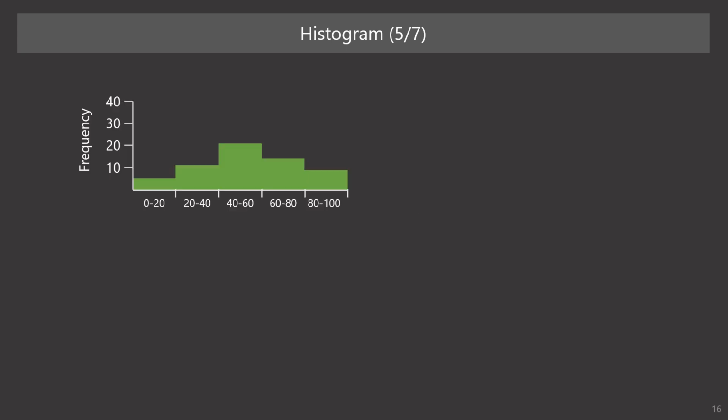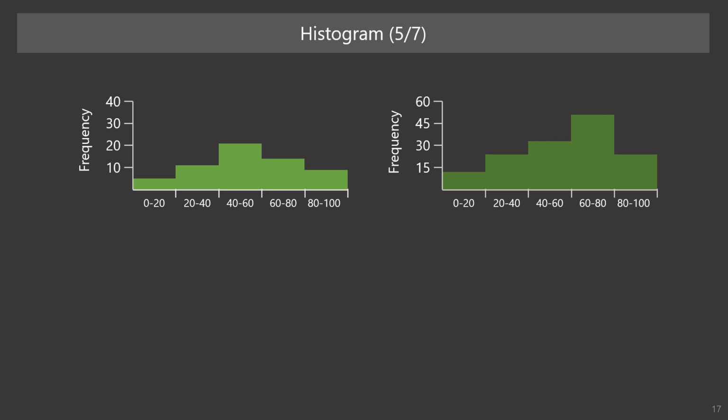In histograms we have seen so far, the vertical axis represents frequency. They are sometimes called frequency histograms. A weakness of a frequency histogram is that it is sometimes hard for us to compare the distributions of different datasets. Suppose we have datasets that are widely different in sample size. If we use frequency histograms, it is not easy to see the similarity or dissimilarity between them.